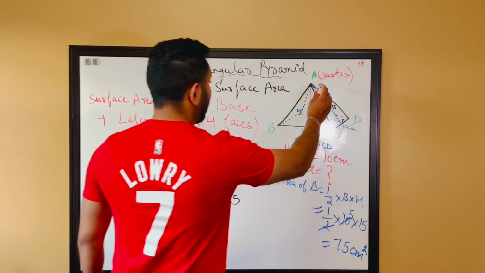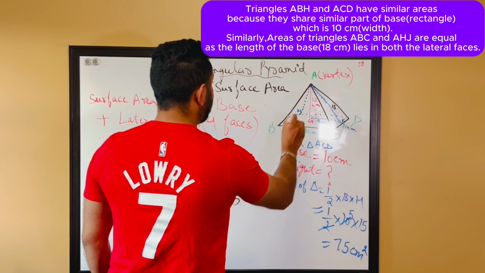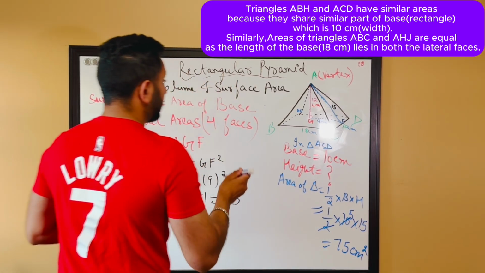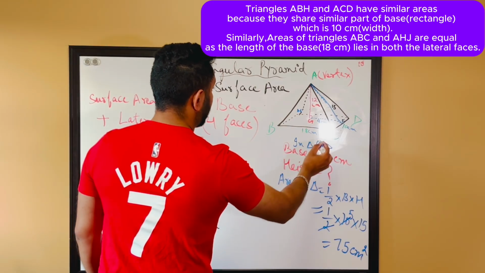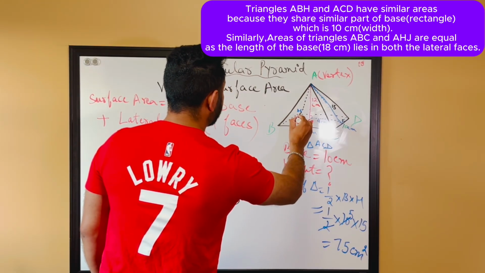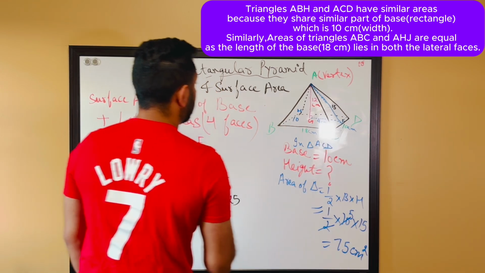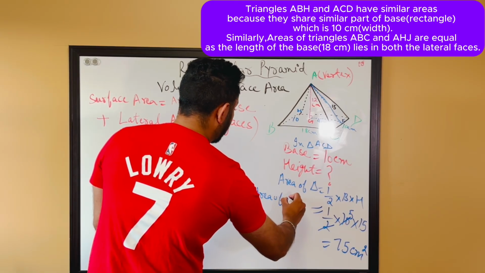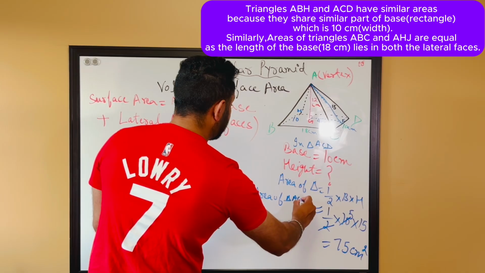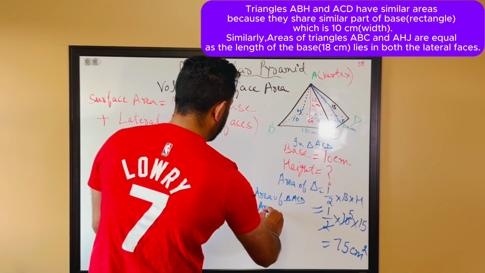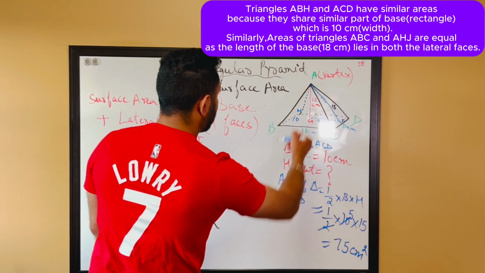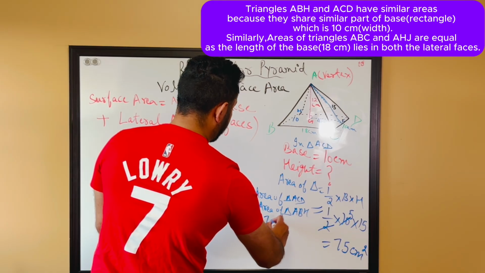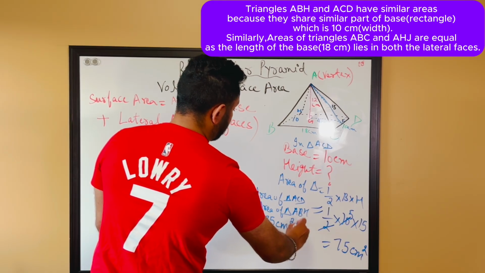And triangle ACD and triangle ABH are gonna have similar area because they share the same part of the base, which is rectangle. If this is 10 and this is also 10, because it is in the form of rectangle, so that means area of triangle ACD is equal to area of triangle ABH, which is 75 centimeter square.